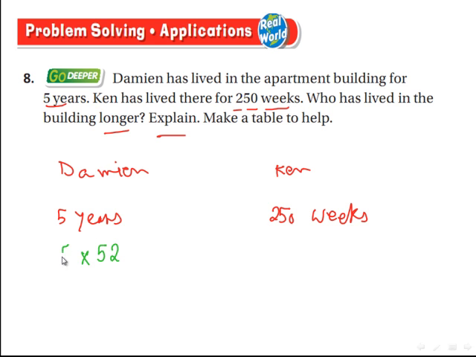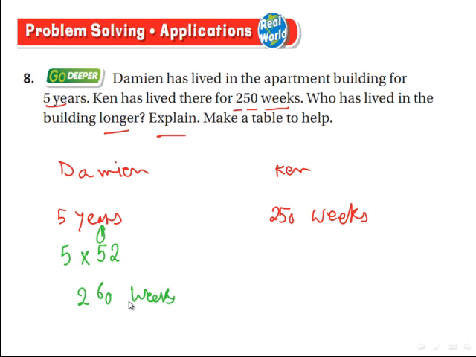So I'm going to multiply 5 by 52. 5 by 2 equals 10. 0, and we carry 1. 5 by 5, 25, plus 1, 26. So 260 weeks are there in 5 years.